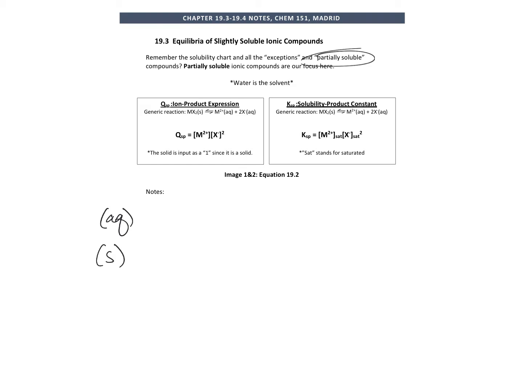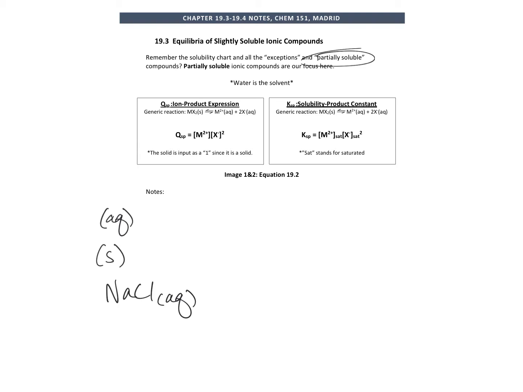And really everything has a limit to how much can actually dissolve in the solution. Sodium chloride is particularly soluble in water. However, there's a limit for sodium chloride too. There's only so much salt you can put into water until it continues to be a solid. But we're going to focus on a category that is really in between.